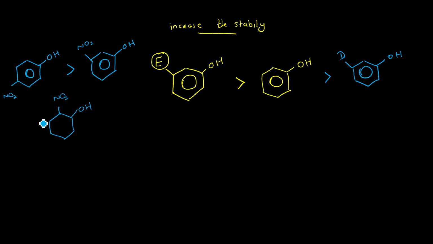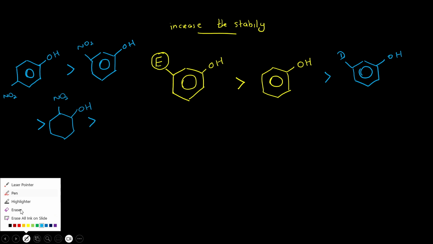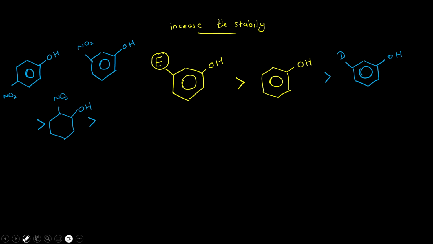Now this is in the place like this, right, in the middle of these two. Why cannot this one overtake this one? Because of the steric hindrance, right? You can see there is a little bit of steric hindrance occurring.